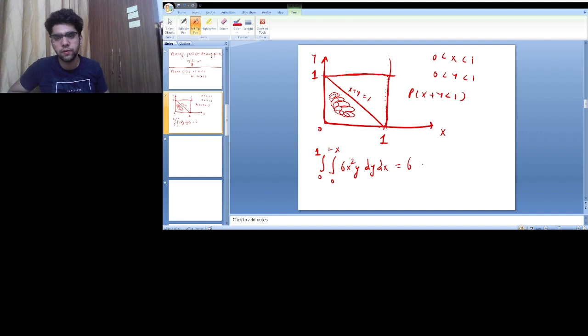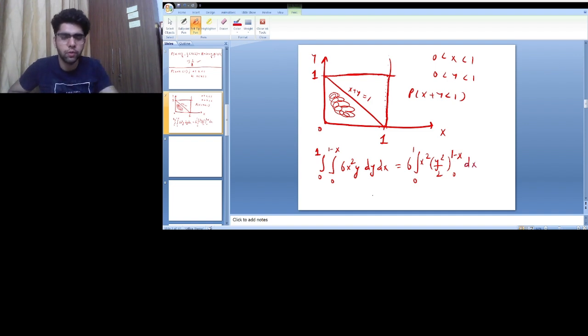So this gives me 6 comes outside, x from 0 to 1, x square, this becomes y cube upon 3, y square upon 2, and my limits of y are from 0 to 1 minus x, dx, right?